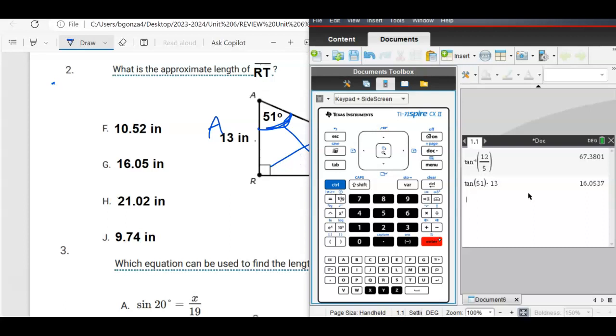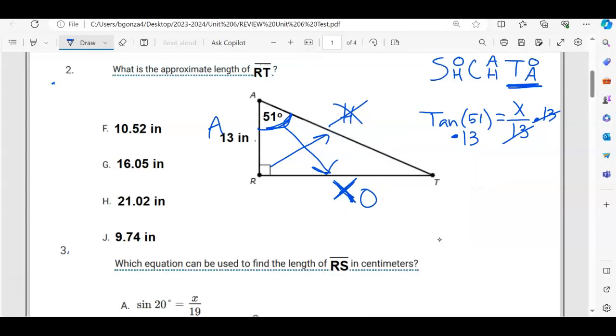And we get 16.053, which rounds to 16.05. Cool.